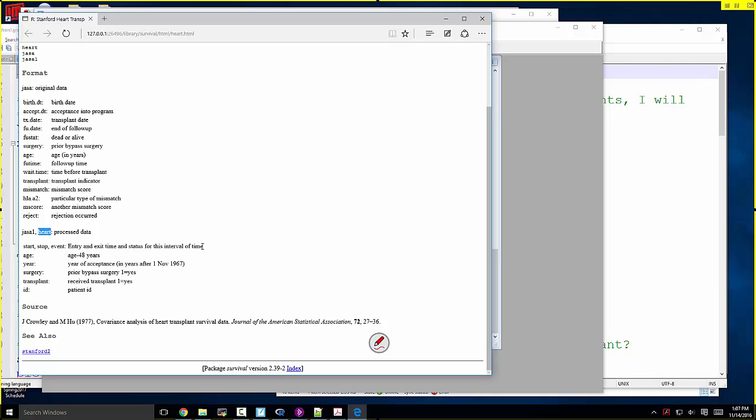We have start and stop times of observation, as well as censoring indicators. And then we have age, year of entry into the program, prior bypass surgery, did they receive a transplant, yes or no?